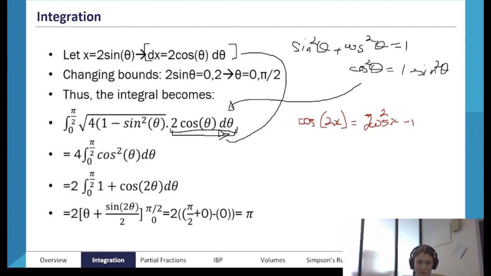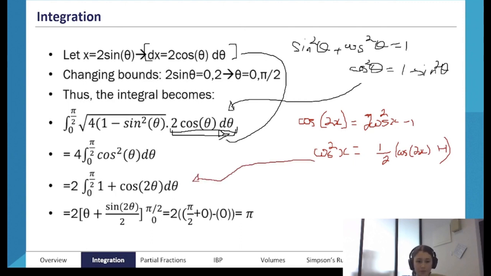And of course, then we could rearrange this to isolate cos squared x, which gives us a half cos 2x plus 1.